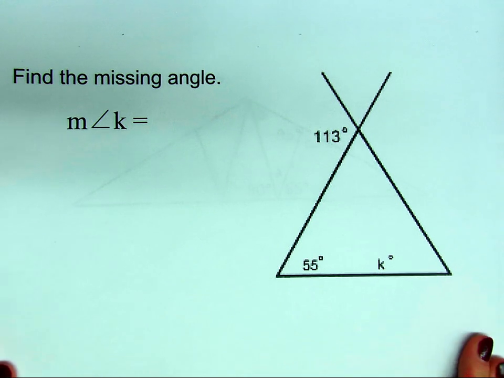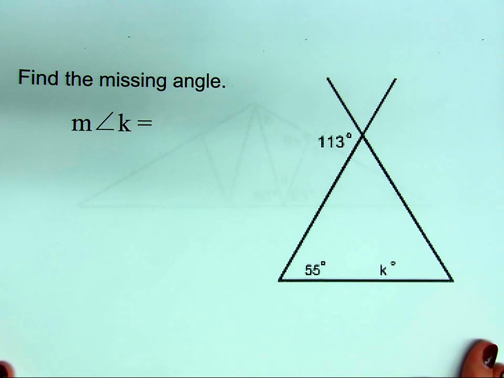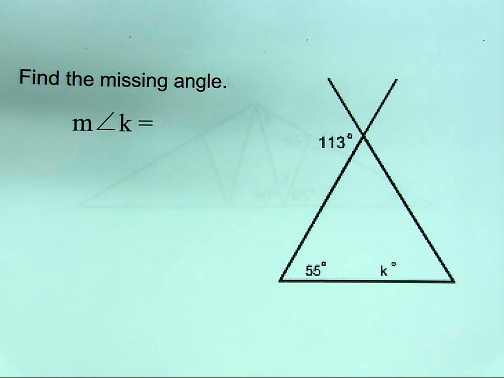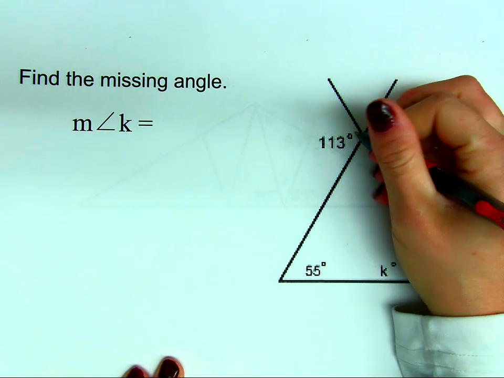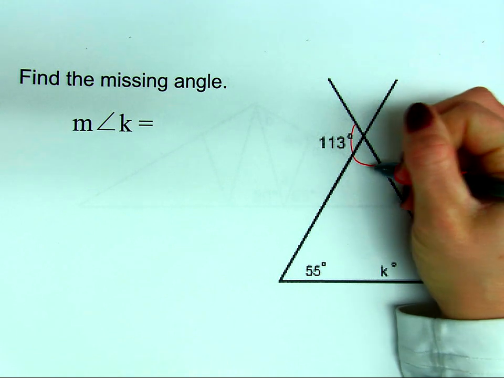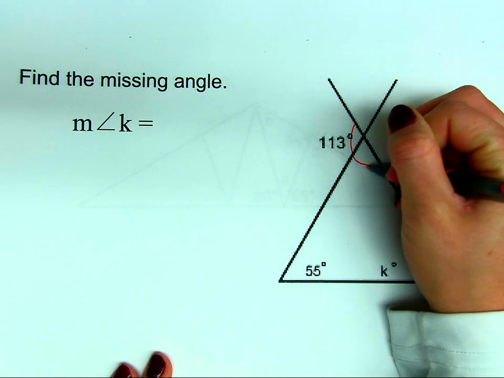Pause the video and try to find K. So 113 and this missing angle in my triangle make 180 degrees.